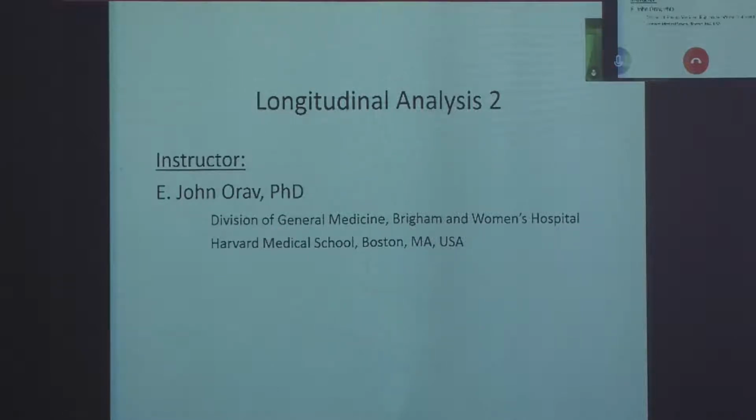Up until maybe 15, 20 years ago, there wasn't much software around, and so hearing about the concepts was useful, but not as useful as if you could actually run the analysis. So nowadays, journals will expect you to account for correlated data. There's software routines within most of the major programs, Stata, SAS, R, that will allow you to actually carry out the analysis.